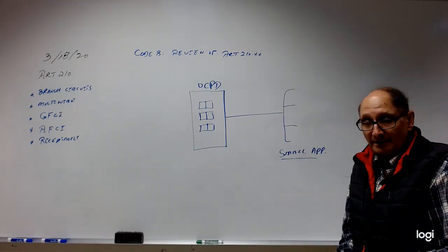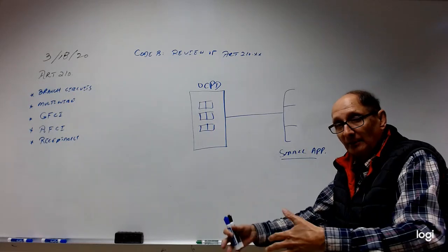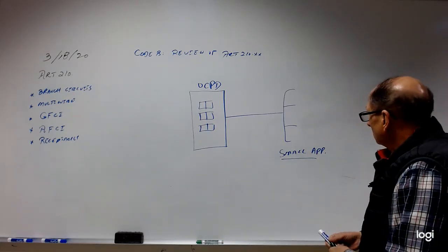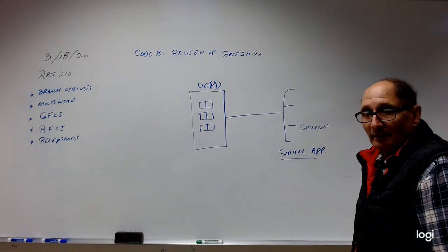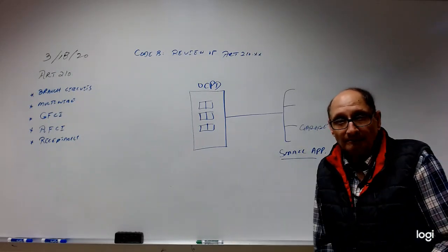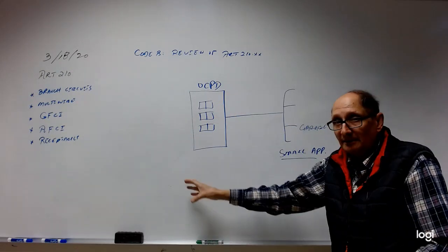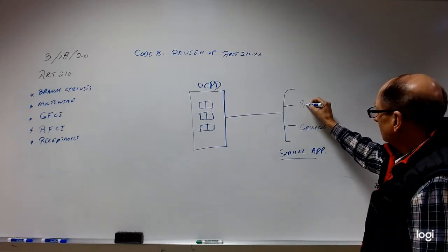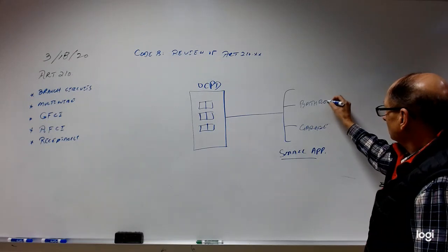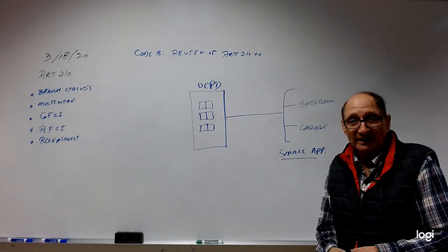The next one is the garage. You have outlets in the garage. So we can have garage outlets branching off of this one. Then we can use bathrooms here. That's another one of the branch circuits.